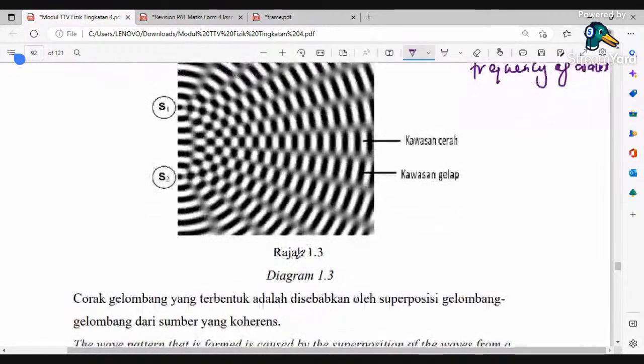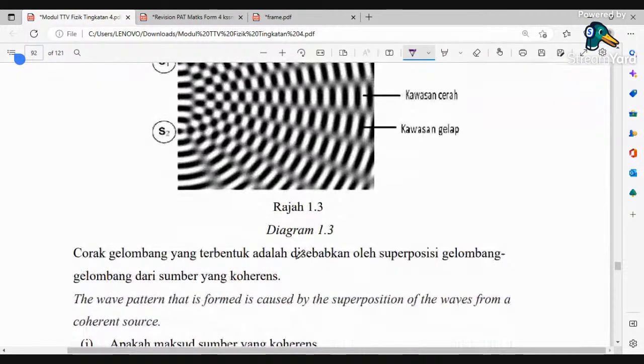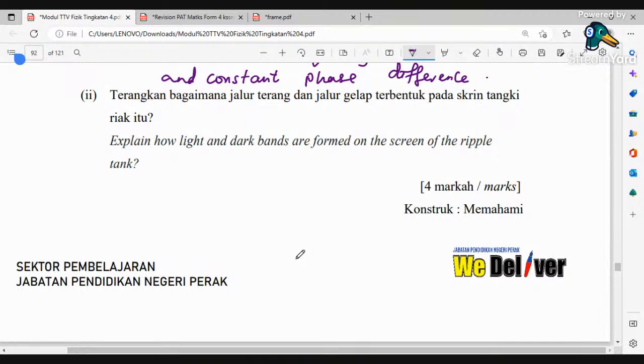So the formation of the bright and dark we can explain using the concept of light passing through the surface, which is high amplitude, the shape is convex, okay. When it passes through the destructive one, we will get dark fringes.